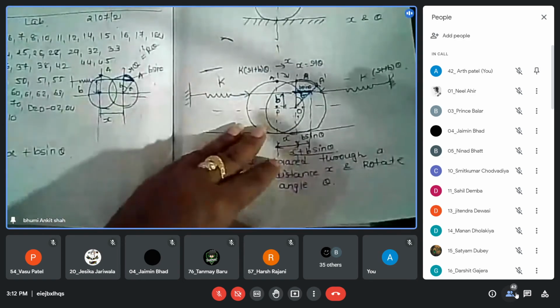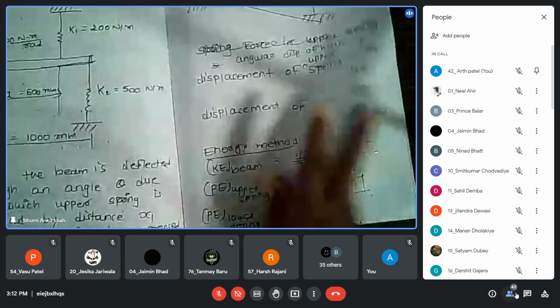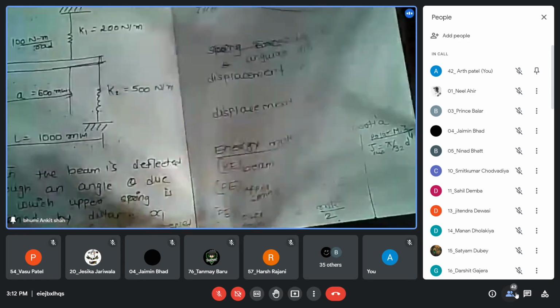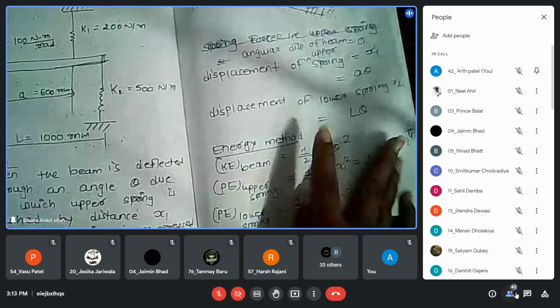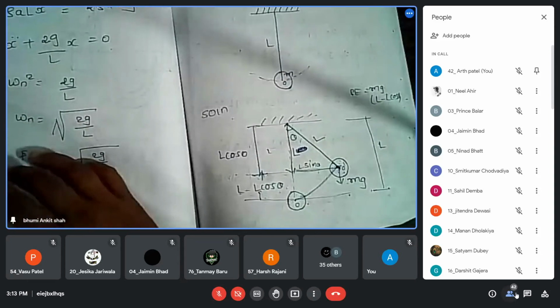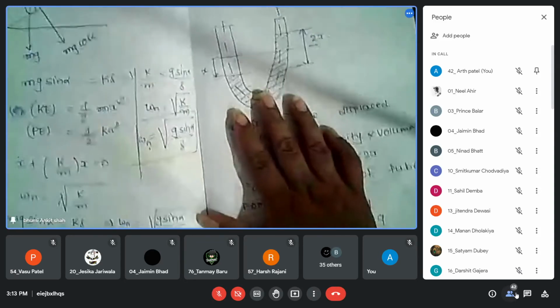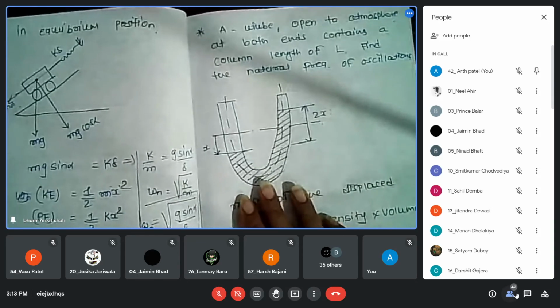See, a fluid problem can also be solved by this method. So I'm taking a very simple example to explain this. Okay. Read this problem.